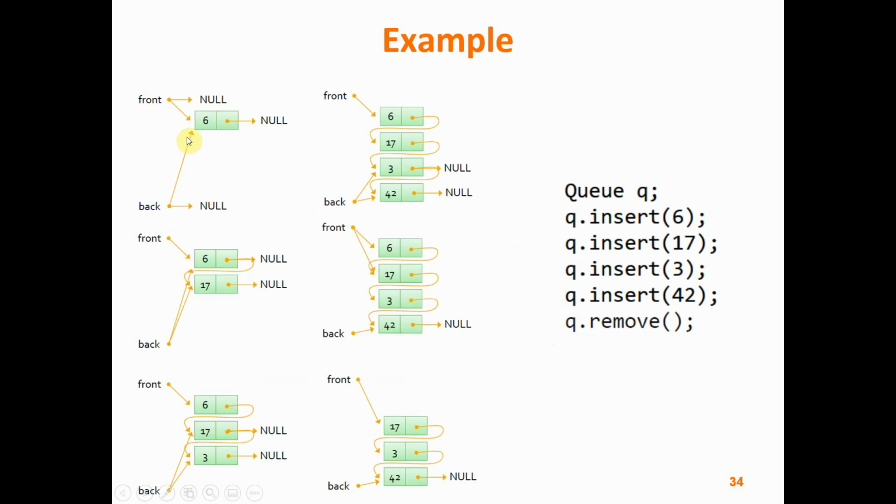This shows how the insertion and removal work, again, insertion or enqueuing or pushing, removal or dequeuing or popping. It shows how the front and back pointers change values and how enqueue and dequeue work.